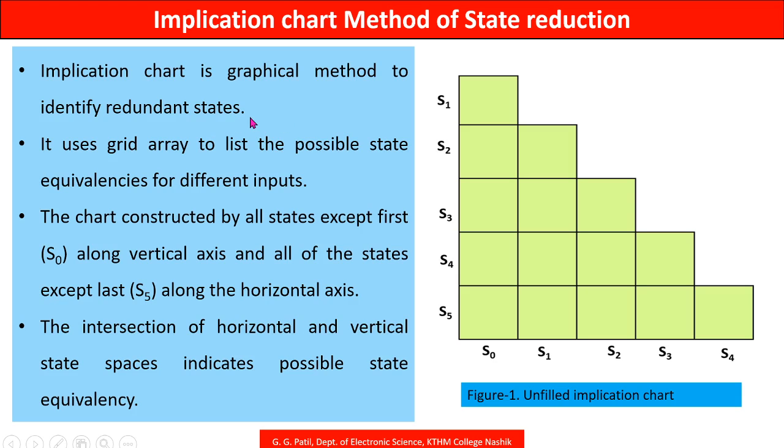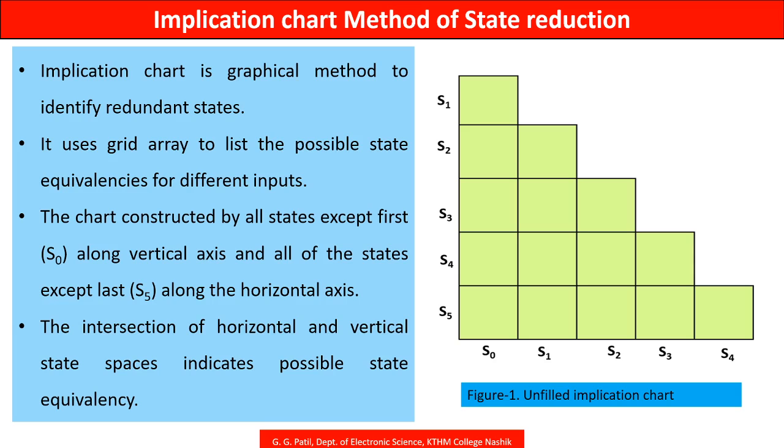Once it is completed, the states which come under the same group are said to be equivalent and redundant, so we can eliminate states using the equivalence class method. But that method is somewhat critical and takes much time to find the equivalent states. So the second method is the implication chart method.